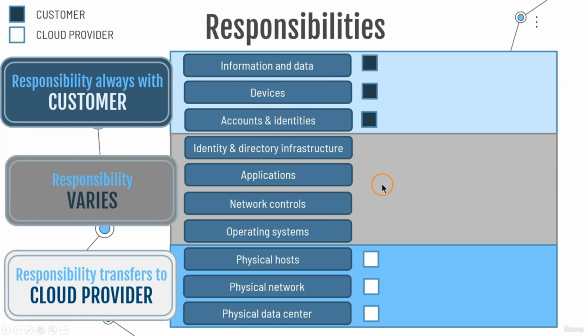But now, in the middle, who do you think is responsible in the infrastructure as a service type? In this type, we as a customer are completely responsible for this. So we have, of course, complete control, for example, over our operating system, but we are also responsible for it. This is what we need to know about infrastructure as a service.